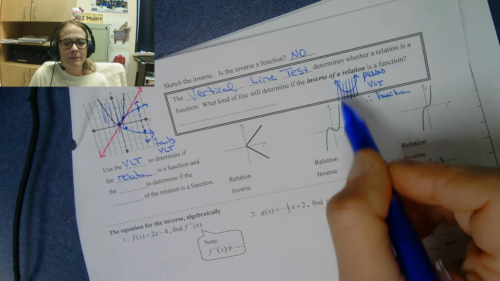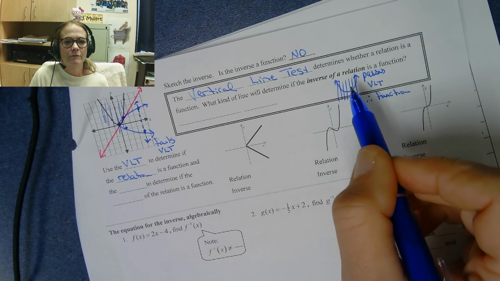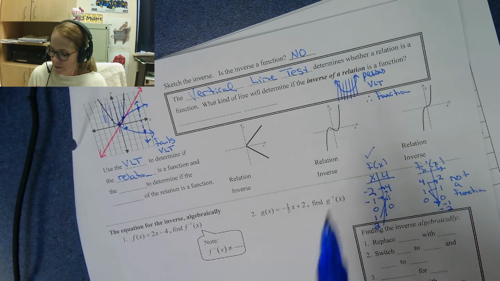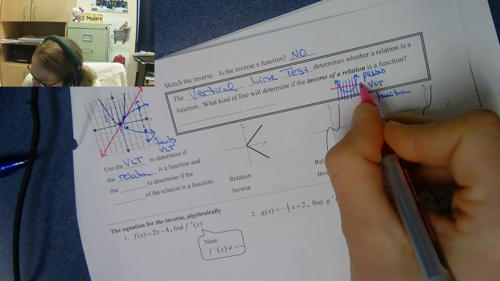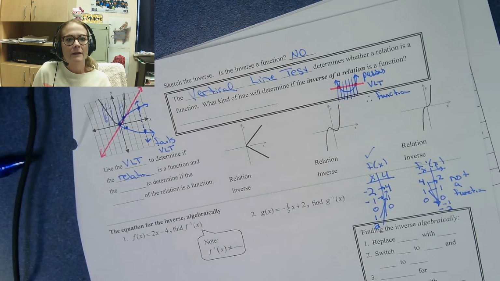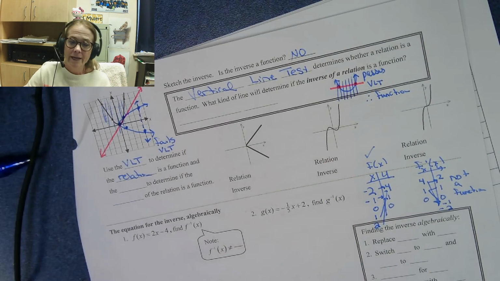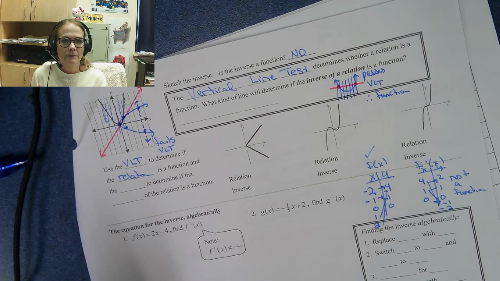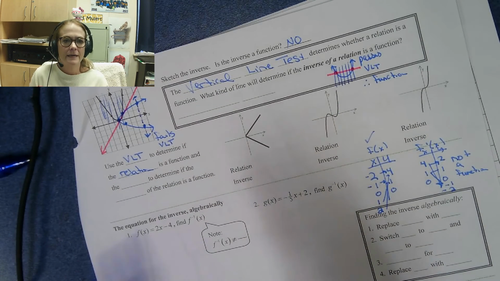then think about the flip-flop of a vertical. That would be a horizontal. So if I draw a horizontal line and touch the original in two places, that means when I flip-flop x and y, that horizontal line will flip-flop to a vertical line and fail the VLT on the inverse.